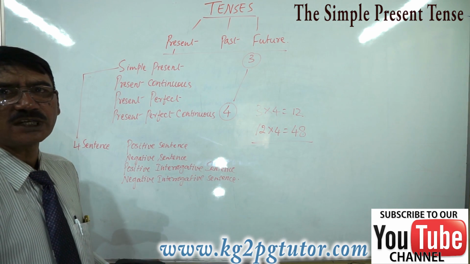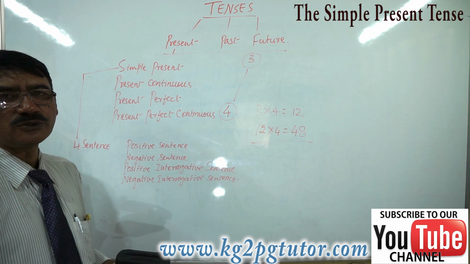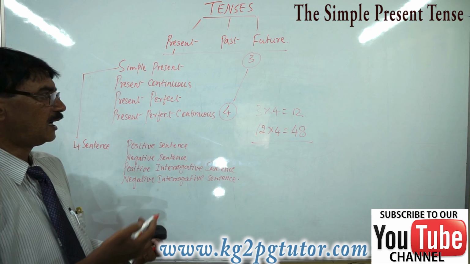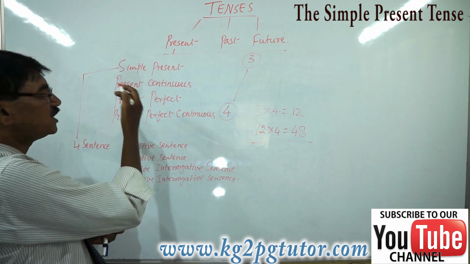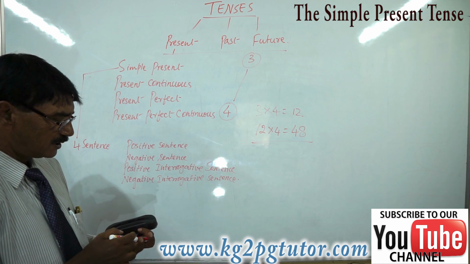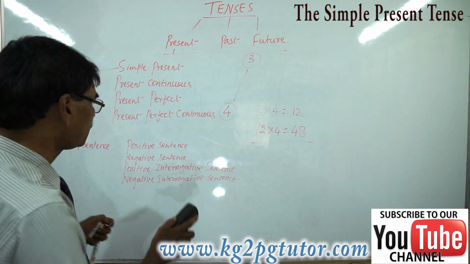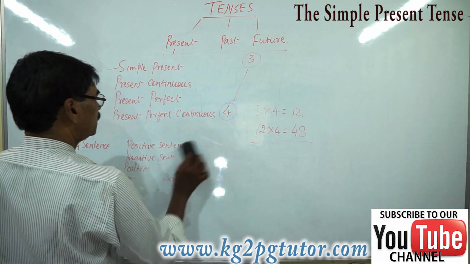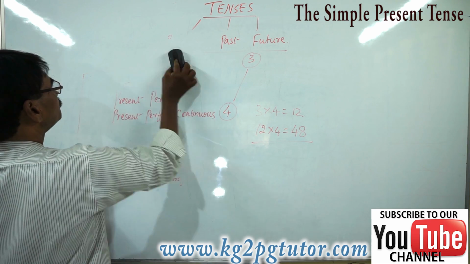When we learn these 48 different kinds of sentences, we will automatically come to know when to use it and why to use it. As the days go by, we will discuss each tense. For the time being, now let us start with this simple present tense. Okay, I'm going to rub the board now, and then we will start with the simple present tense.